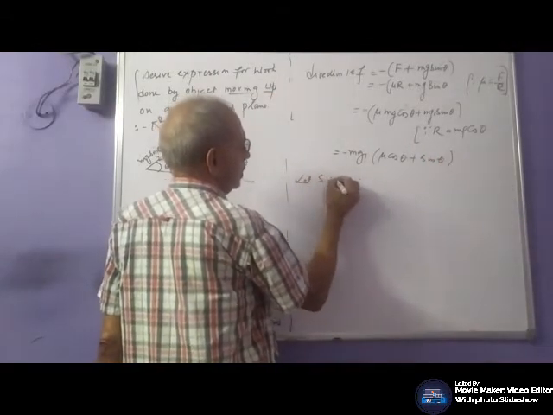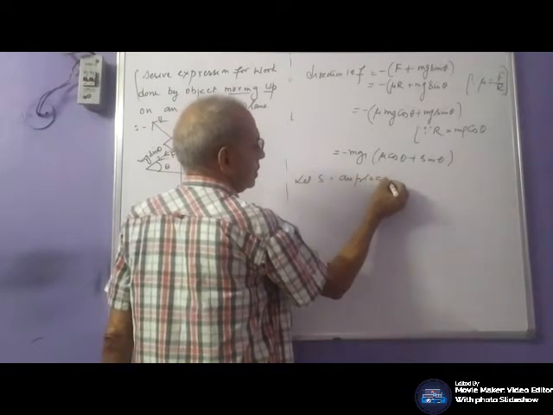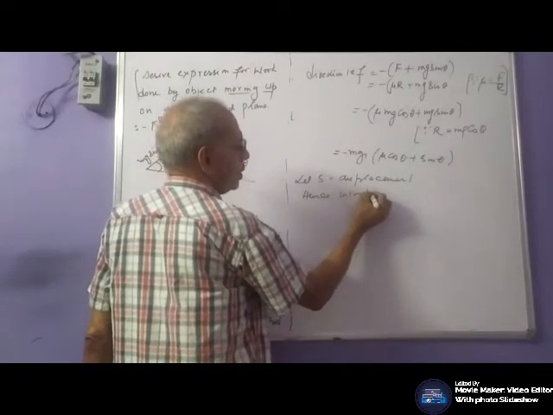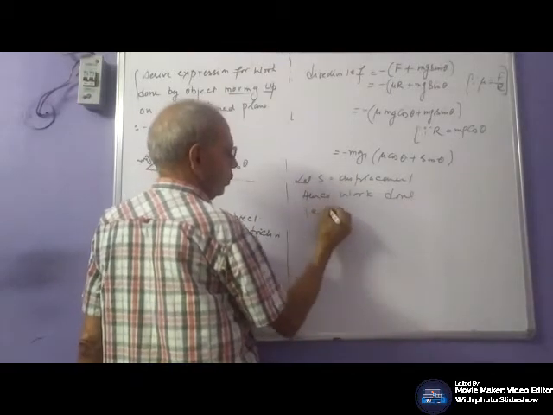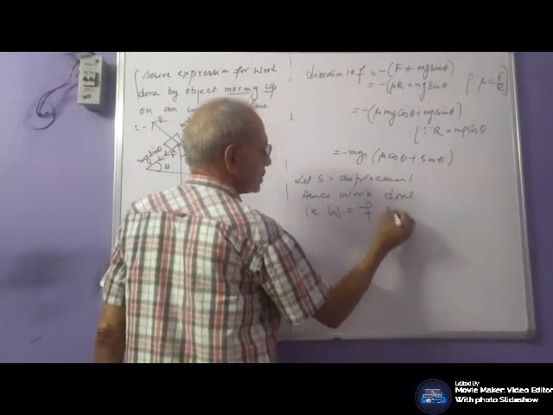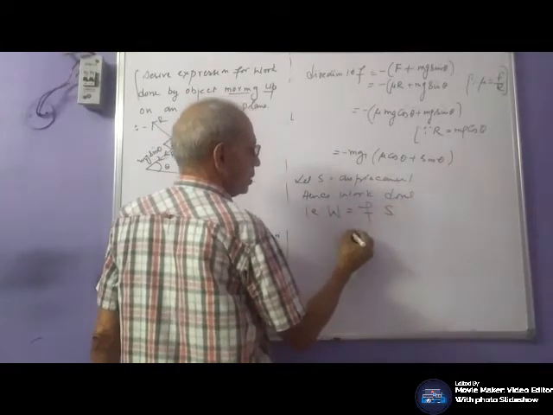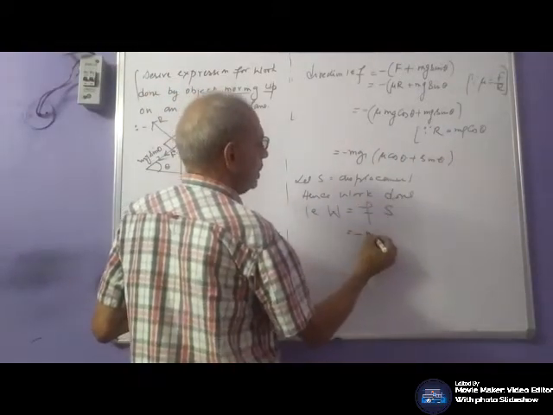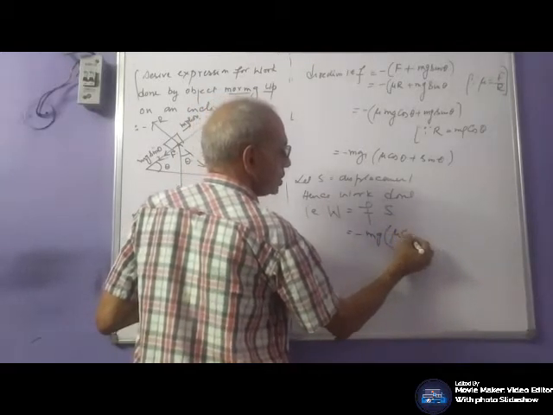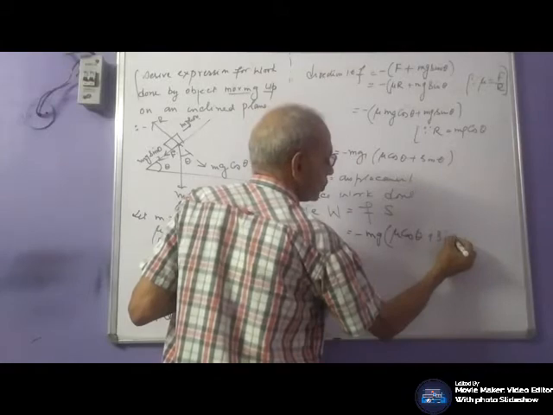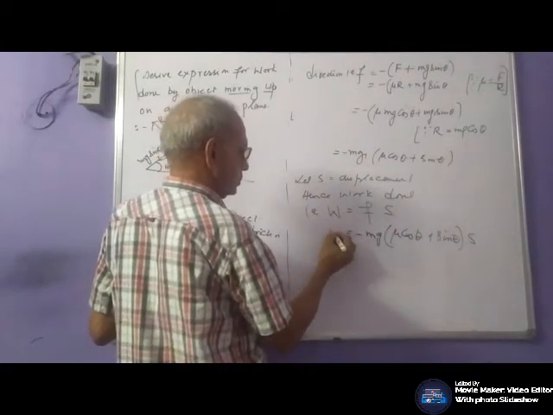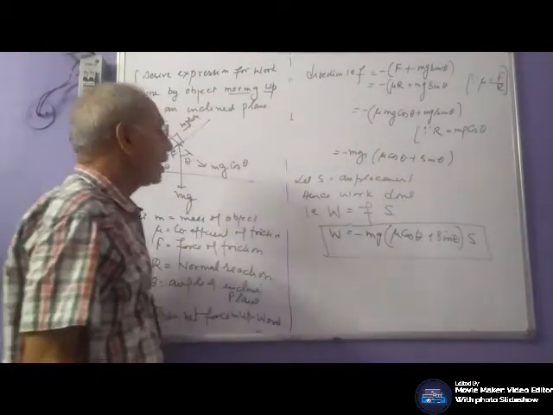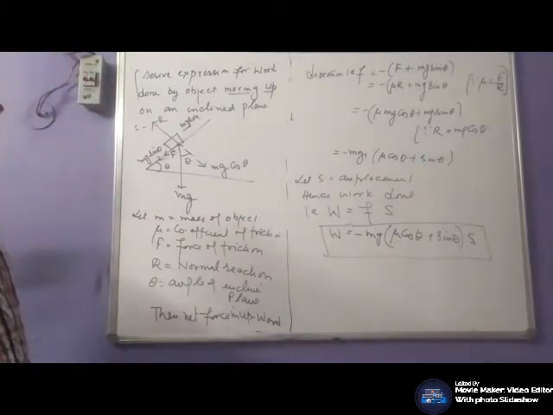Let S be the displacement, hence work done, that is W, is small f into S. Small f is this one, so W is minus mg into mu cos theta plus sin theta into S. So this is the work done against friction.